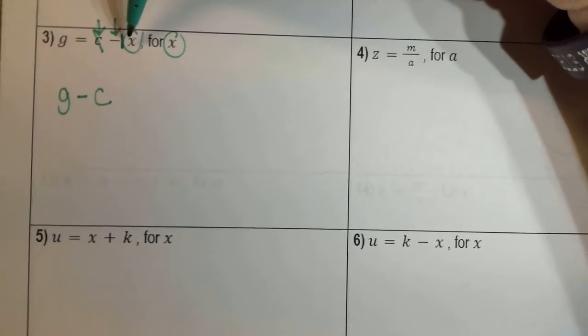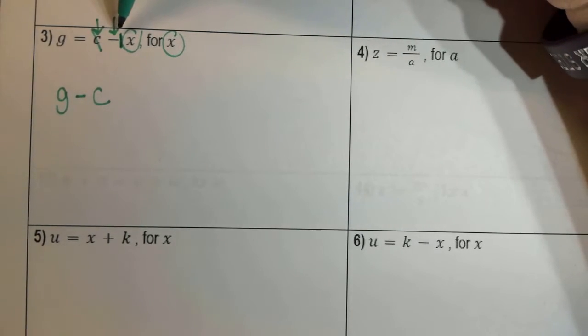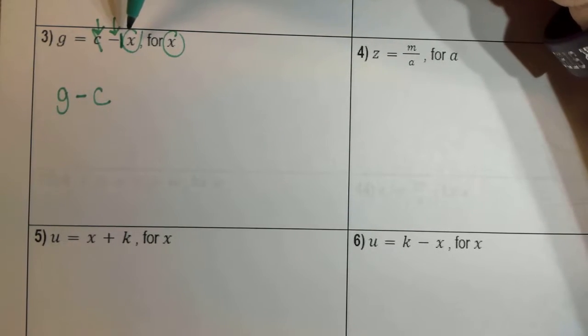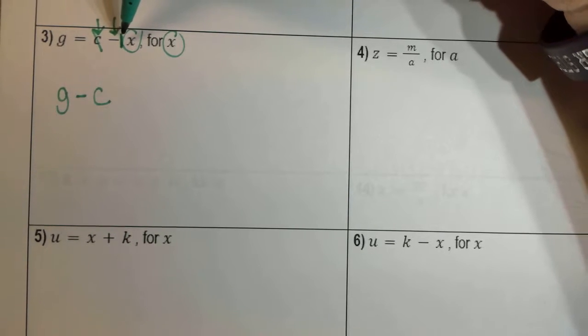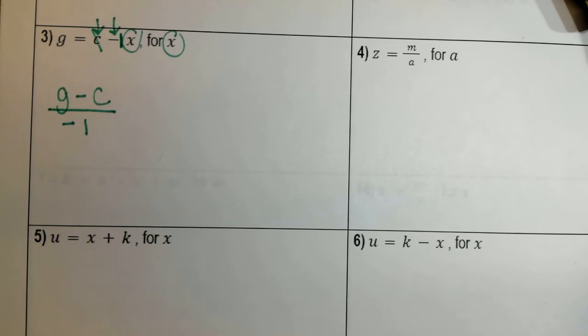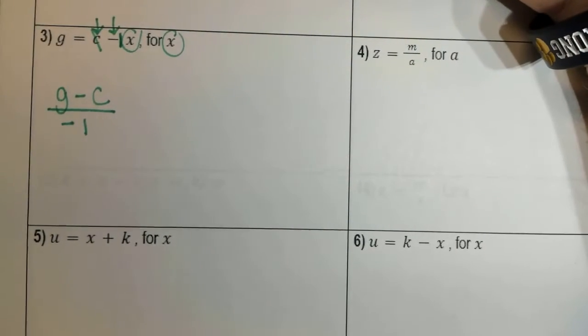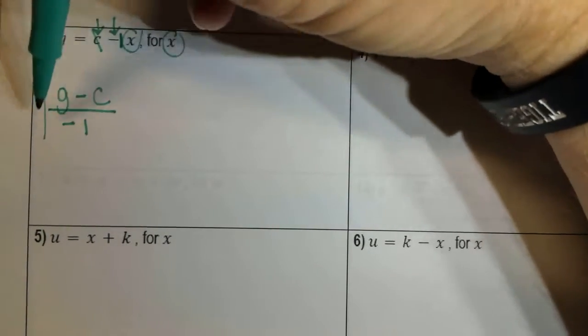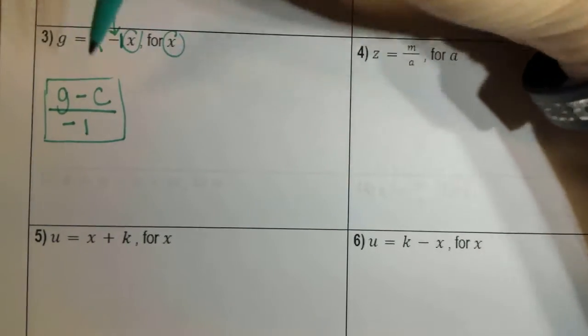So that's -1x, which is the same thing as -1 times x. And the opposite of times -1 is divided by -1. You can leave your answer like that. That would be technically correct.